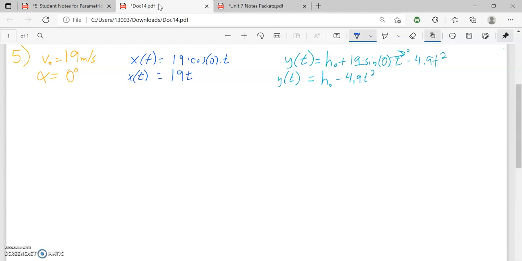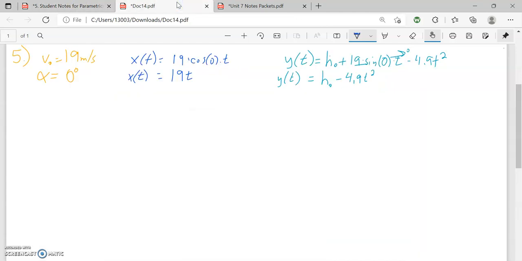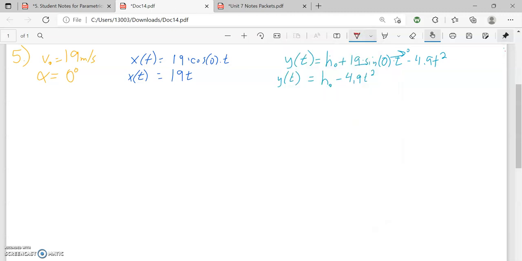So here's the deal. We know one other piece of information. We know that at some amount of time, this thing lands 60 meters from the base. So kind of like the whole, hey, at height 0, when typically we set this to 0 equals da da da.